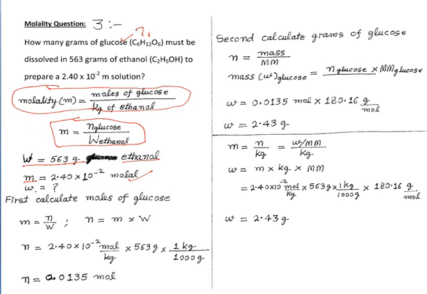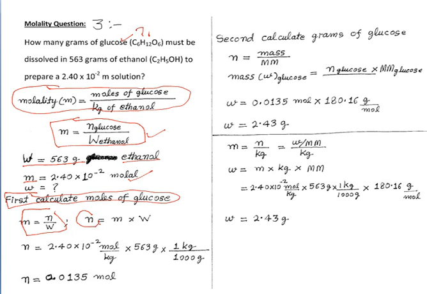To solve this question, first we have to calculate the number of moles of glucose, and then from the moles of glucose we can convert moles to grams. From the molality formula we know that small m is equal to small n divided by capital W, which is the number of moles of solute divided by the kilograms of solvent, and from here we can calculate the number of moles.